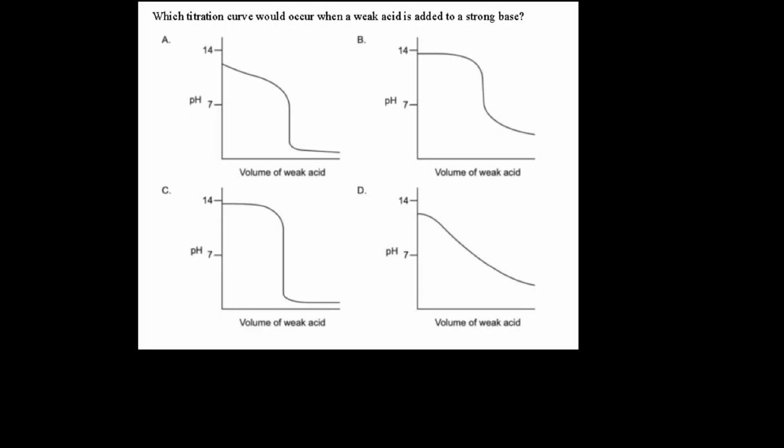So I can see option B, and then the end will be at a pH close to 6 or 5 or something like that, of a weak acid. So the correct option is option B.